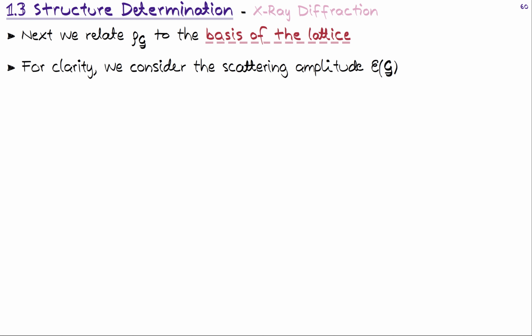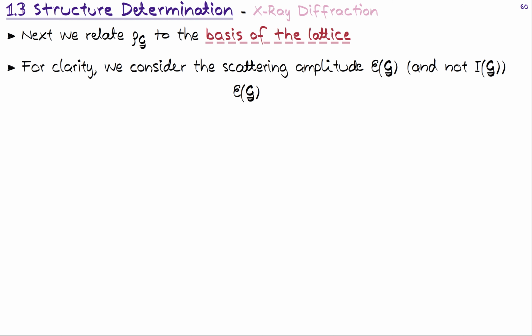And for clarity of description, we only consider scattering amplitude E of G here, and not the irradiance. In this case we can simplify the notation. But I hope you appreciate that in real life we would be measuring the irradiances, so the treatment should be generalized a little bit, but we don't do it here for conceptual clarity.